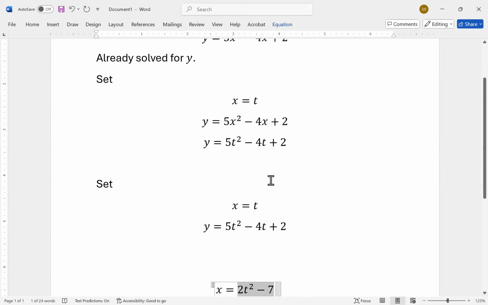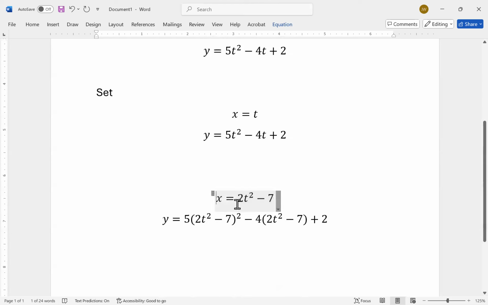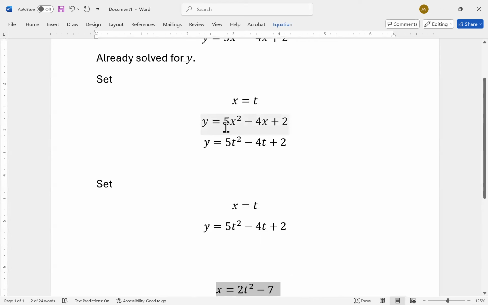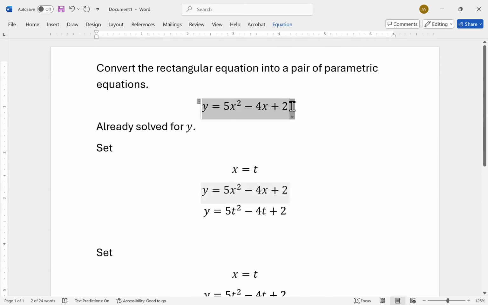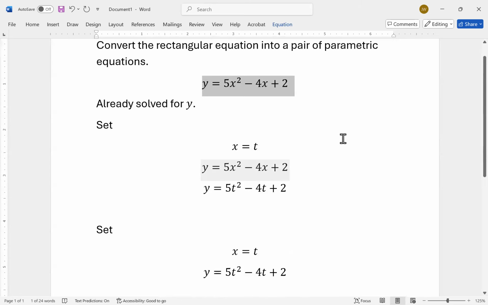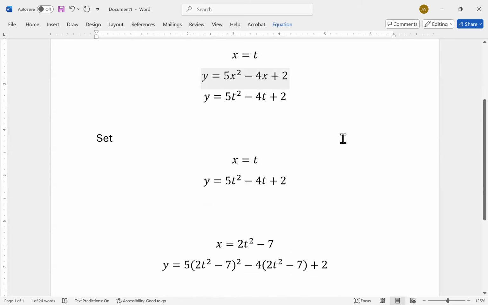In fact, it does. This set of parametric equations gives me the same graph as this, but only for x values greater than or equal to -7. This set of parametric equations gives me the exact same graph, and I can have x go all the way to -infinity.